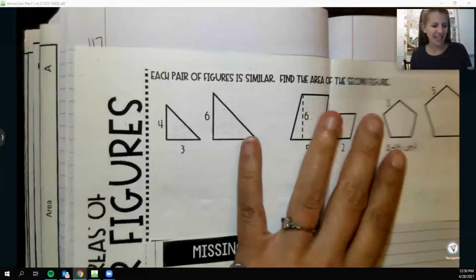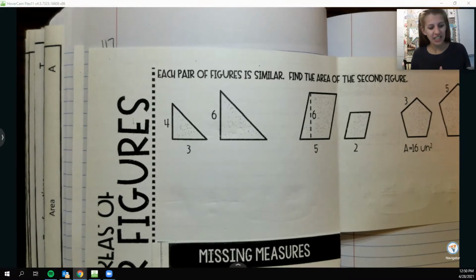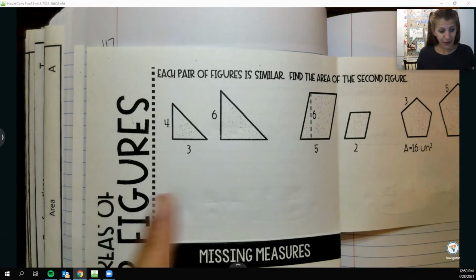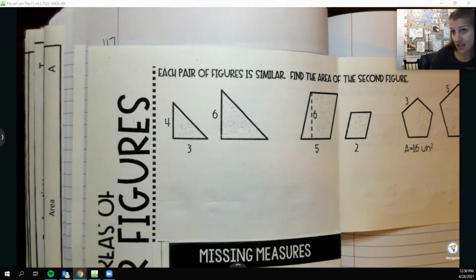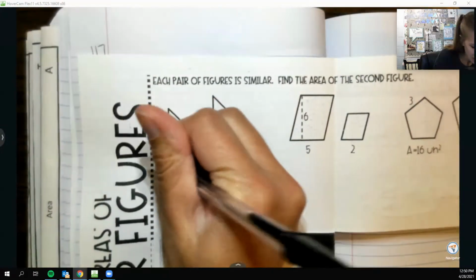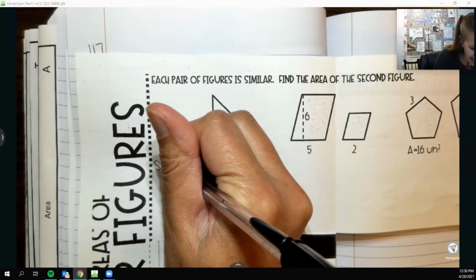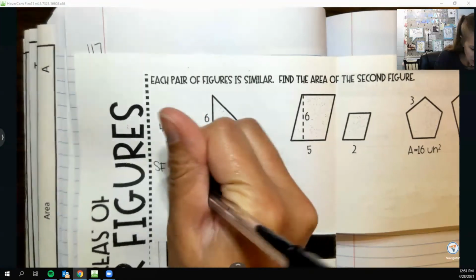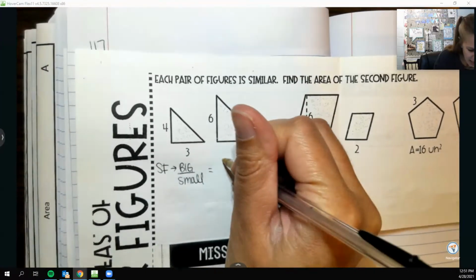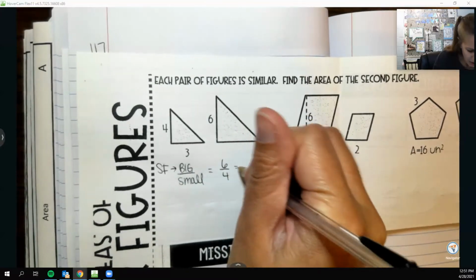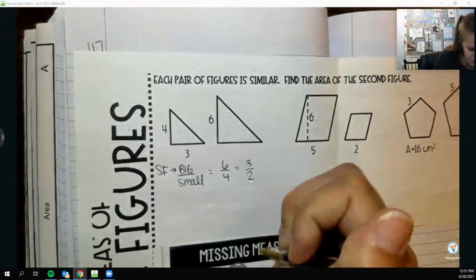But let's start at the top here. Each pair of figures is similar. Find the area of the second figure. That's super helpful because if I know these triangles are similar to each other, I can write their scale factor right now. If I do the scale factor as big over small, then what I have is 6 over 4 or 3 over 2.